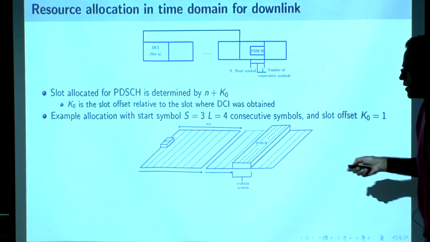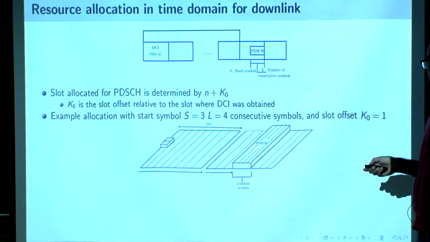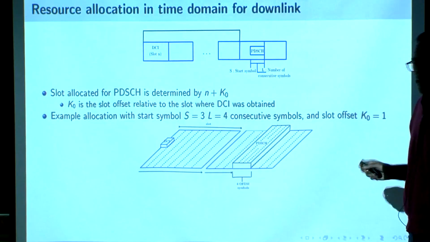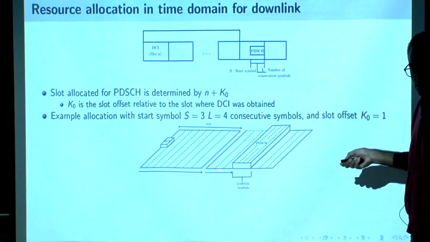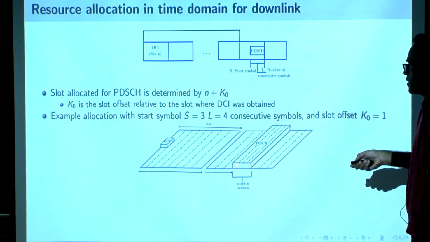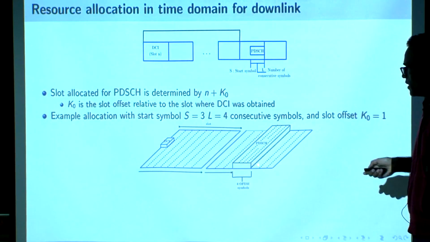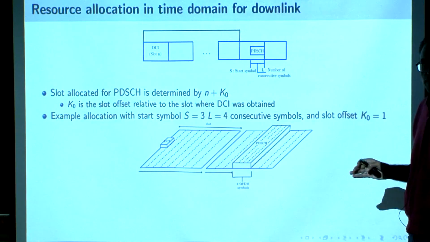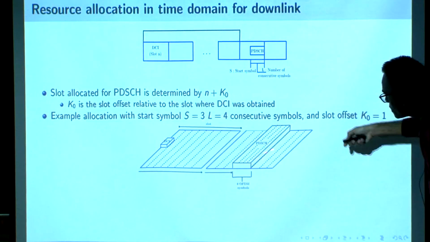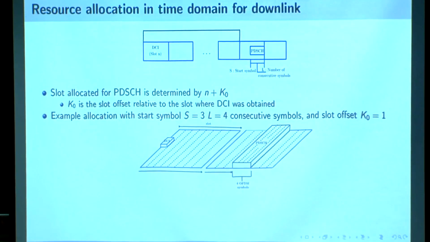Once the DCI is decoded, it tells the user that its data is located with K0 equal to 1, in the slot that follows this one, starting at symbol number 3 (0, 1, 2, 3) and going on for 4 OFDM symbols. This is your data in the time domain. I still have to tell you how much there is in the frequency domain on this axis. That will come later.